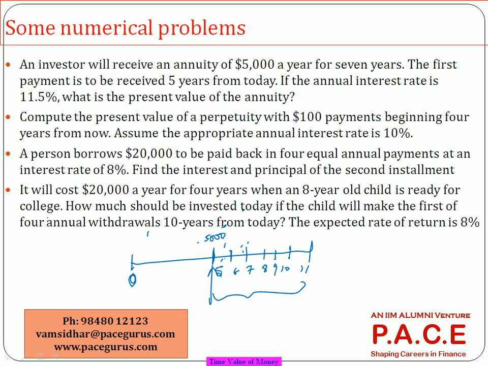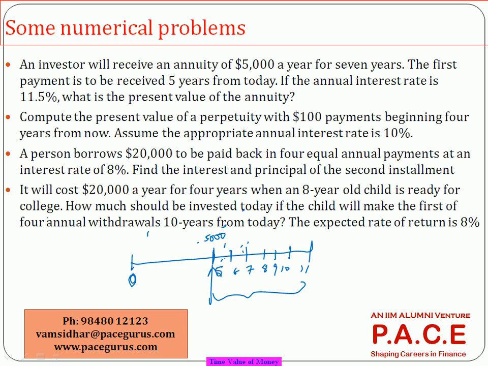If your positioning is at 5 years from now, you are getting it on that day itself. But if your positioning is 4 years from now, you are getting it at the end of 1 year, at the end of 2, at the end of 3, like that at the end of 7 years. So then it is a regular annuity. The same question you can handle in both ways. I'll show both ways. Both the answers should come to be the same.